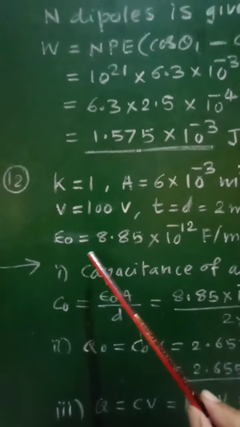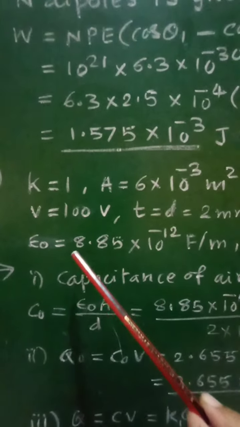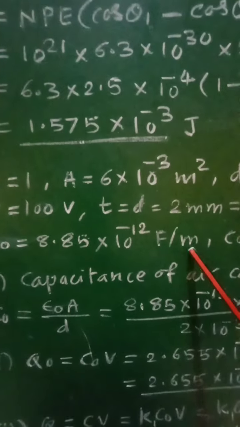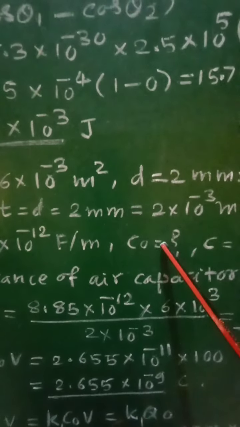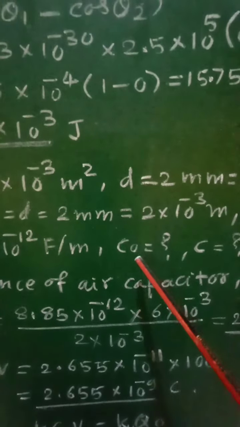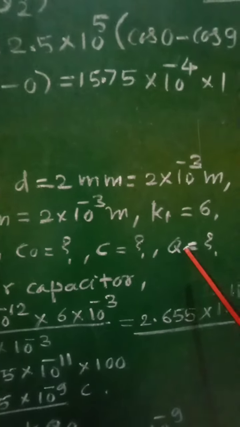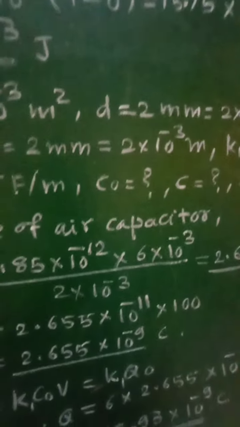Then epsilon 0 is 8.85 into 10 raised to minus 12 farad per meter, that is in SI units. Then we will have to find out the capacity of the air filled capacitor C0, then capacity C and the charge Q. All these three we will have to find out.